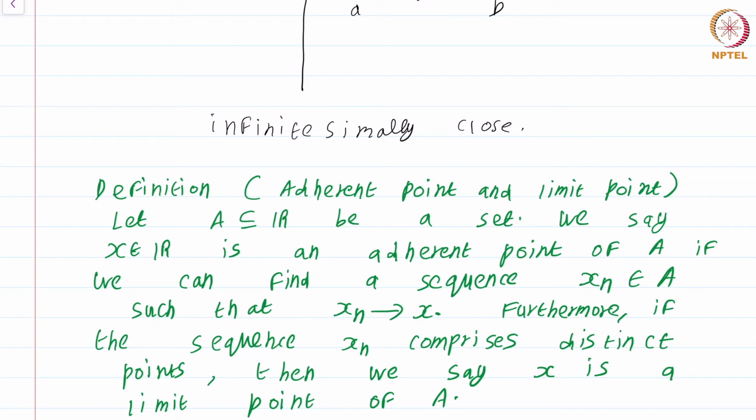If you think about the definition of xn converging to x, what this is really saying is no matter how close to x I get, there is always a point in the set A that is closer to x. Right? That's the only way by which there can be a sequence xn converging to x.